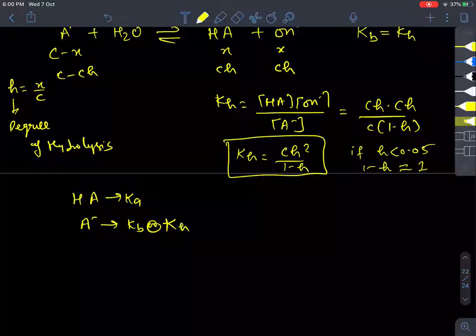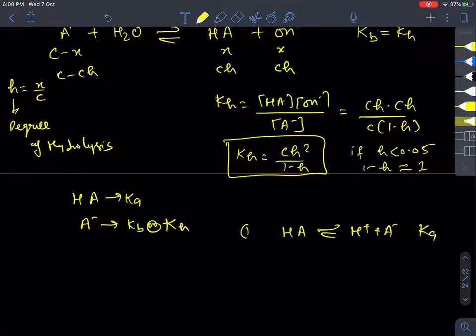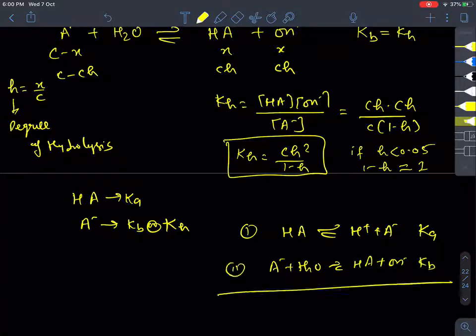For that, you need to understand and write these equations once again. HA is H plus plus A minus, with Ka. This is the first equation. Another is hydrolysis, with Kb or Kh. Now you simply add them. If you add them, A minus and A minus will be cancelled out, HA and HA will be cancelled out.